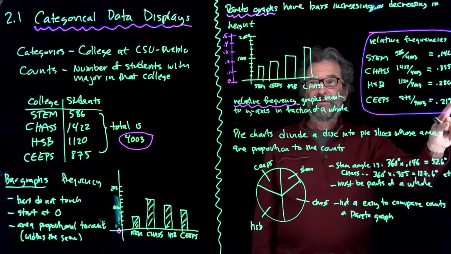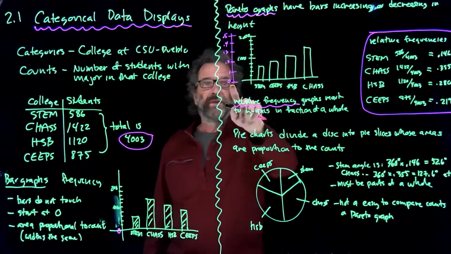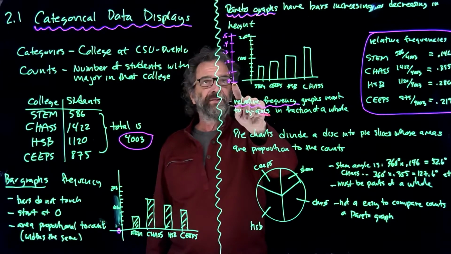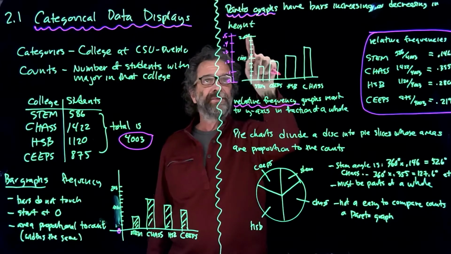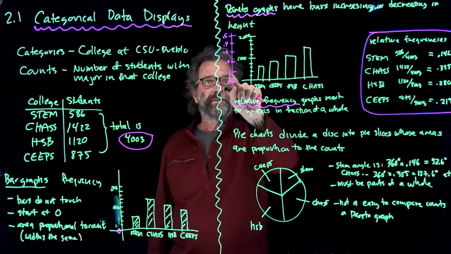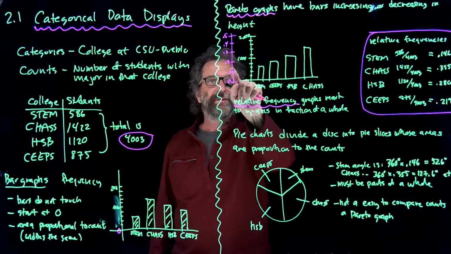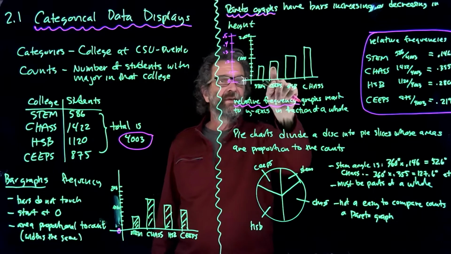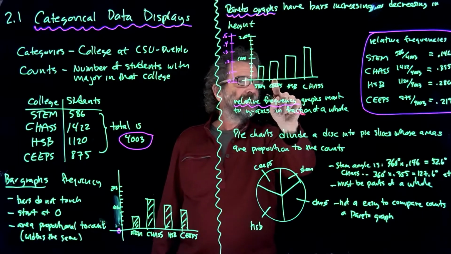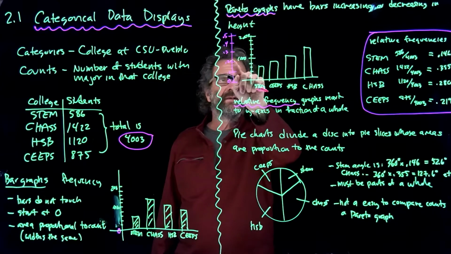And then we could relabel this axis with fractions. So 2,000 becomes just about 1/2. And so these fractions then, and the heights of STEM, 0.146 would be right in here, 0.146. And then for KEEPS is 0.219, right in here, and so on.